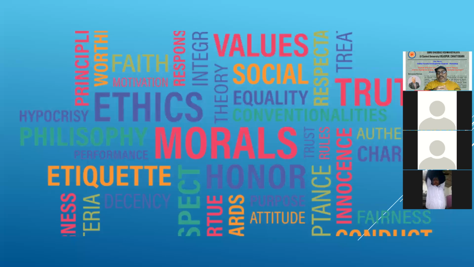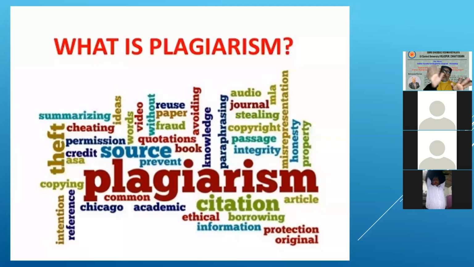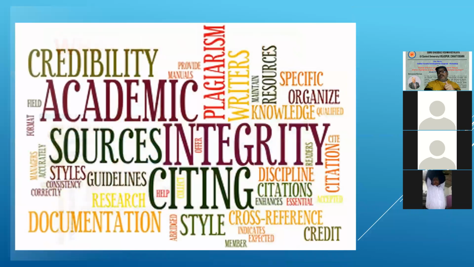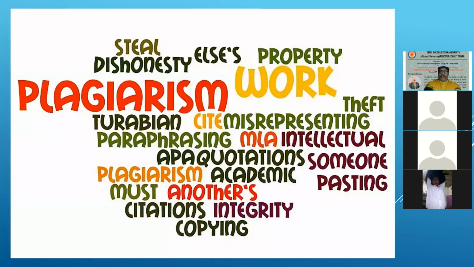Decency, purpose. So these things are also required. This is above the previous one. In our life, if we are carrying some of these things, I think we are establishing philosophy, character, authenticity, fairness, right? So we have to be a part of this cycle, credibility and all. We should not be a part of plagiarism somewhere or the other. So these are the positives. I hope you have understood.